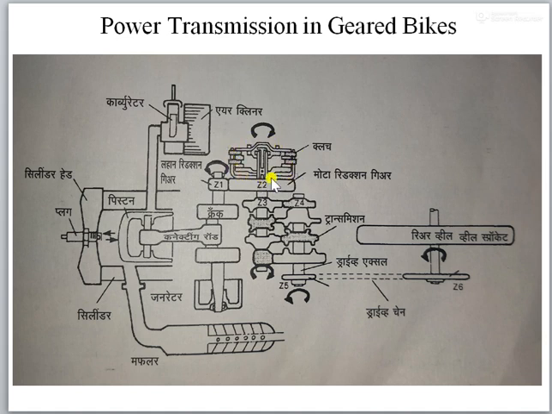It is very complicated. If we do not observe it practically, it is very difficult to understand using only this sketch. So just try to understand what I am saying. This Z2 is mounted on the shaft which is entering inside the gearbox, but this Z2 is not fixed with this shaft.